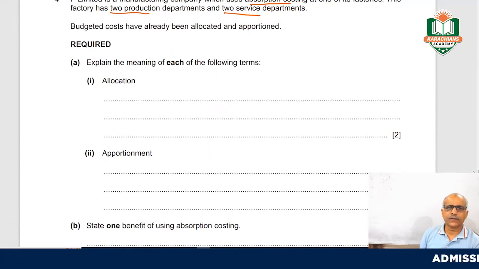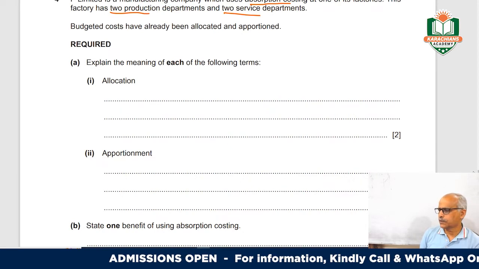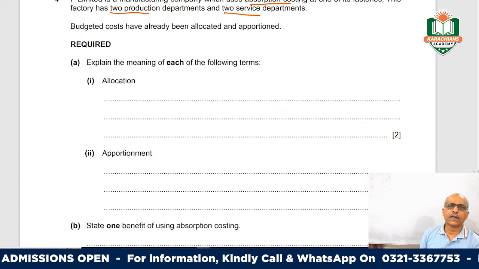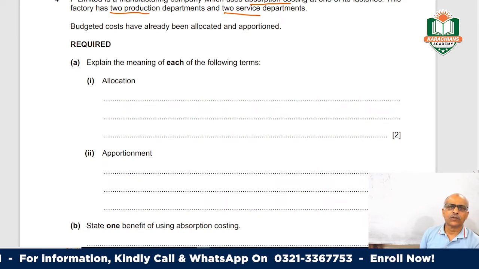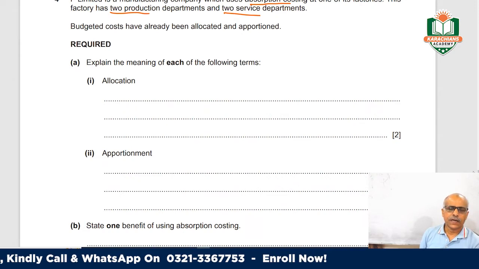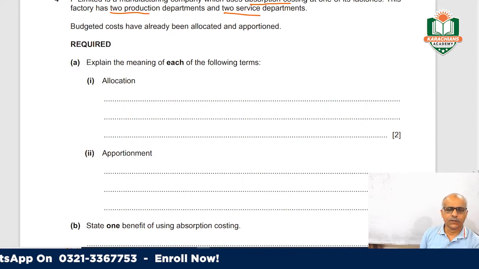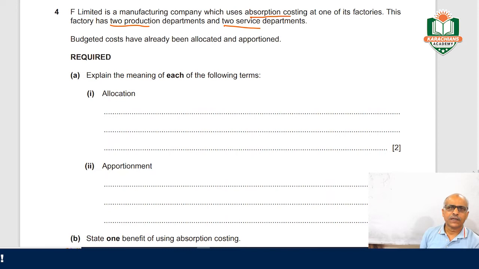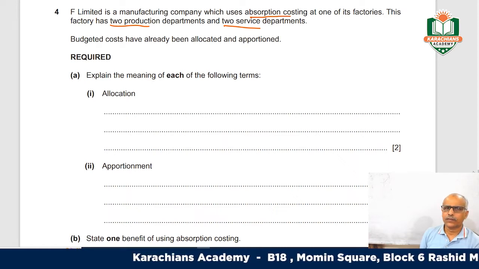Allocation: a specific cost is allocated to a specific cost center, and the shared cost which cannot be allocated to a specific cost center is apportioned on a certain basis. The benefit of absorption costing is that it is comparatively simple, and here we do not consider the bifurcation of fixed and variable cost.